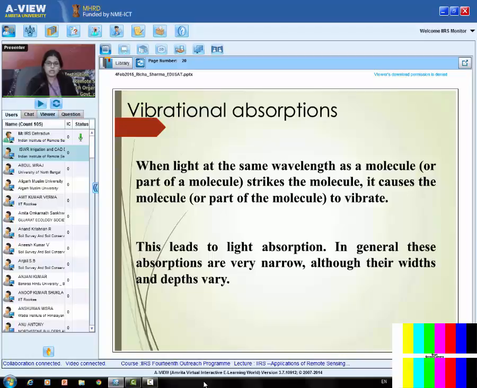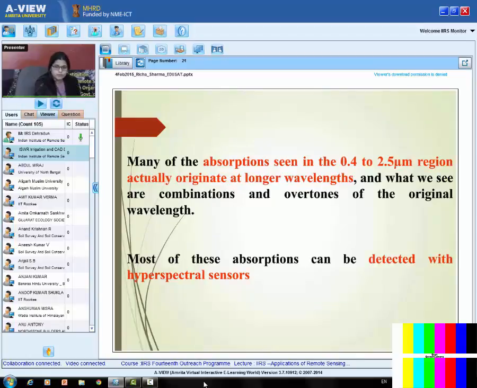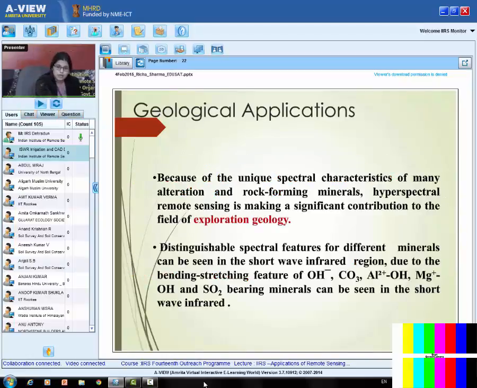In general, these absorptions are very narrow, although their widths and depths vary. Of the absorptions seen in the 0.4 to 2.5 micrometer region, they actually originate at longer wavelengths, but what we see here are the combinations or overtones of the original wavelength. Most of these absorptions can be detected with hyperspectral sensors.